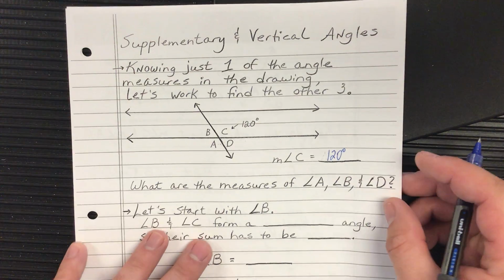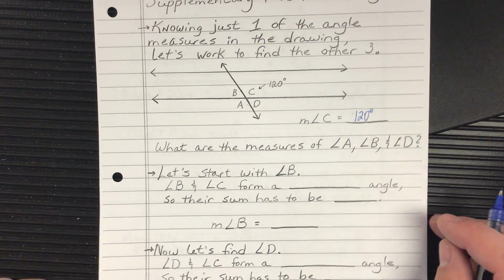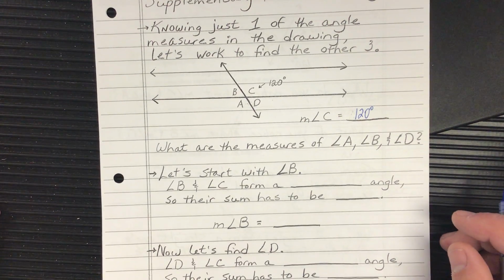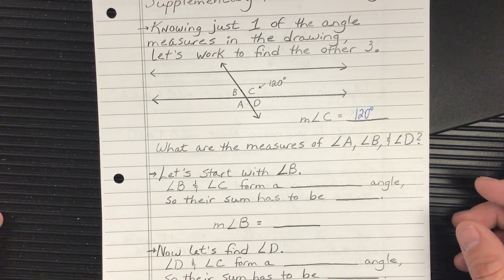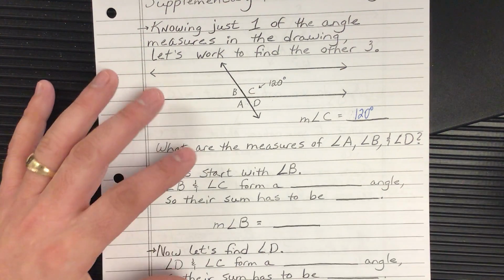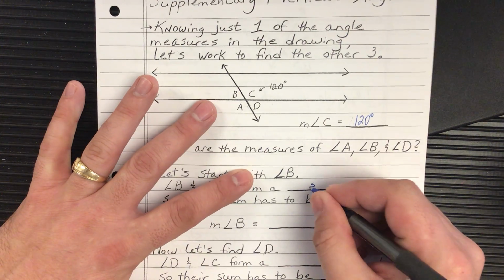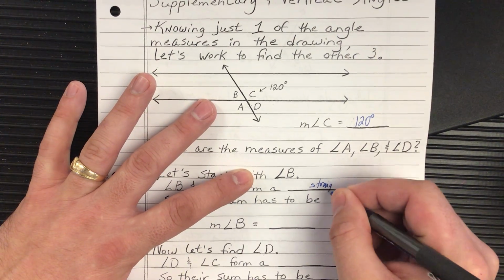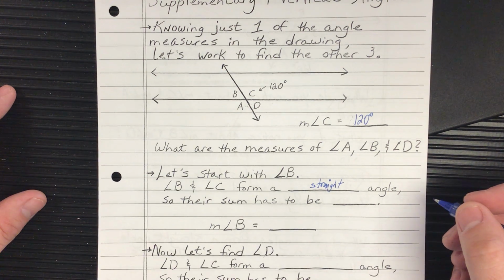Now it says, let's start with angle B. Angle B and angle C form a special type of angle. Do you know what that angle is? It's got a name for a 180 degree angle. It's called a straight angle, straight line. So we're going to write in straight, and Asia already answered the second part.